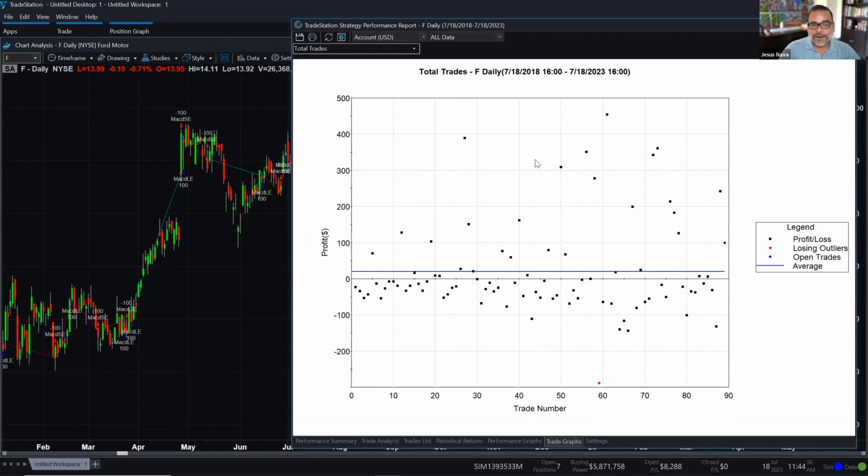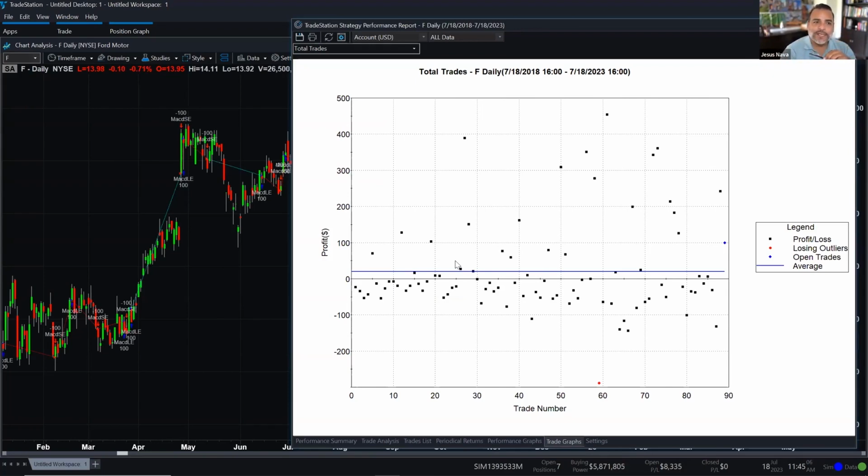So the scatter graph does tell you where the concentration of trades is, and this blue line, of course, gives you the average per trade, $19.74 profit. So you see the individual P&L of each one of the trades and the average, and how far away some of these trades are from the average. That gives you a good understanding of the variability of this strategy.